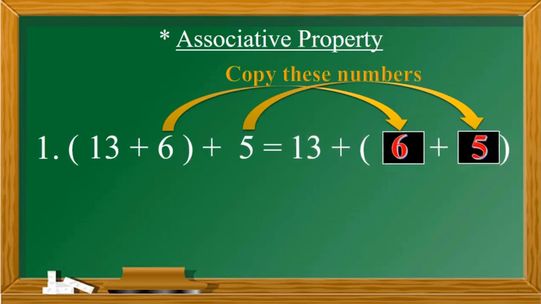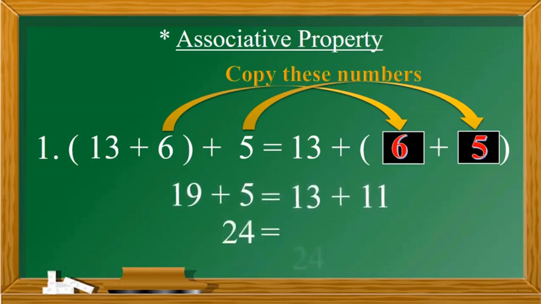So add the numbers inside the parentheses. 19 plus 5 equals 13 plus 11. 19 plus 5 equals 24, and 13 plus 11 is also 24. Did you get it? What operation is used in the equation? The answer is addition.